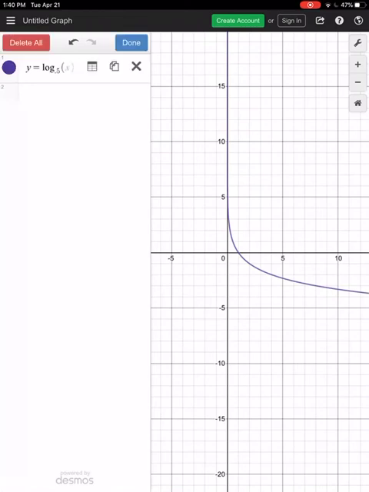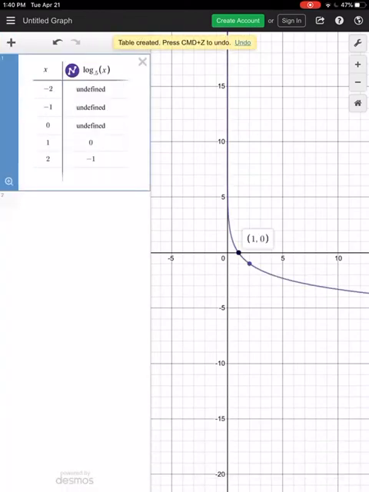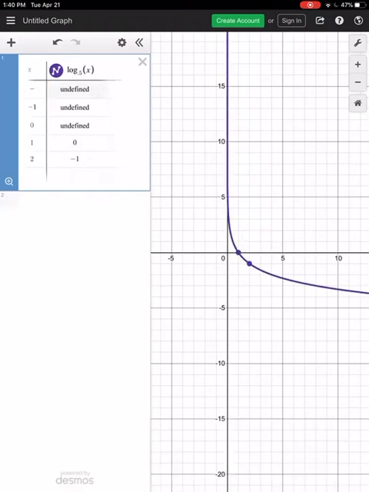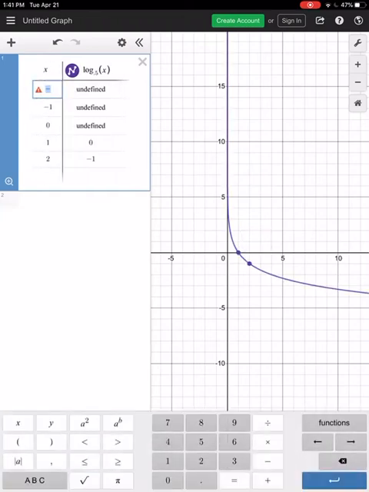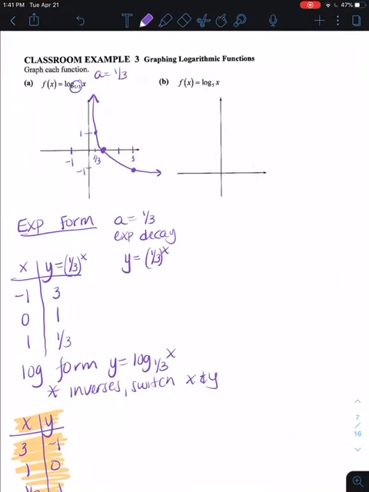Okay. Go to my table. So you have the points here. The base was 1/2. Let me delete these. Was it 1/2 or was it 1/3? Hold on. Oh, it's 1/3.